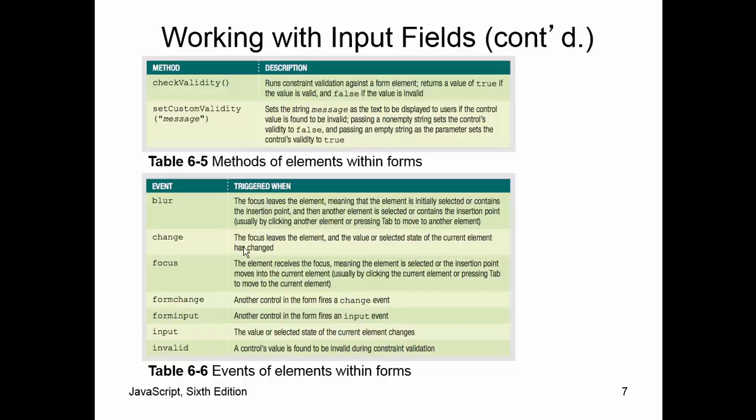Change is when the focus leaves the element and the value or the selected state has been changed. Form change fires a change event. Form input fires an input event. Input is when the value or selected state of the current element changes. And invalid, when a control's value is found to be invalid during constraint validation.